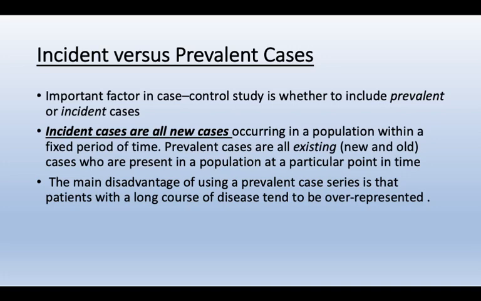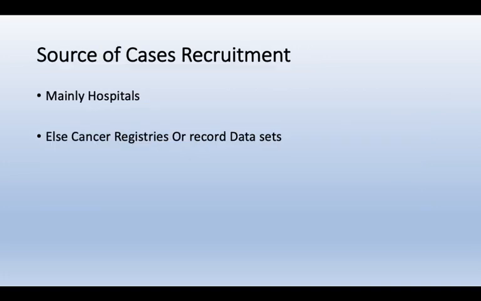So incident cases are all new, occurring in a population within a fixed period of time. Prevalent cases are all existing, new and old. The main disadvantage of using prevalent case series is that cases with a long course of disease tend to be overrepresented, because if we induct already enrolled prevailing cases, the number of exposures is already exaggerated in this respect. So let's say we are trying to decipher this example. I'm going to quote this in my further lecture.